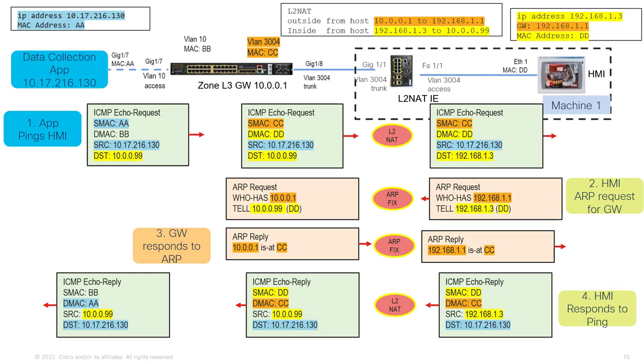Now, when it goes back, the layer 3 header for the HMI machine is translated to 10.0.0.99. The destination IP address for the data collection app is not touched because there's no rule that says we have to translate that, so it's left untouched. And then that gets layer 3 routed through the network eventually to the data application.